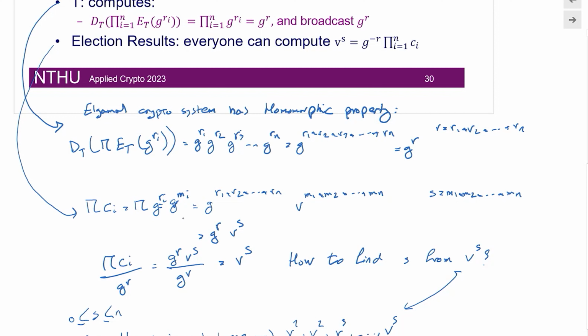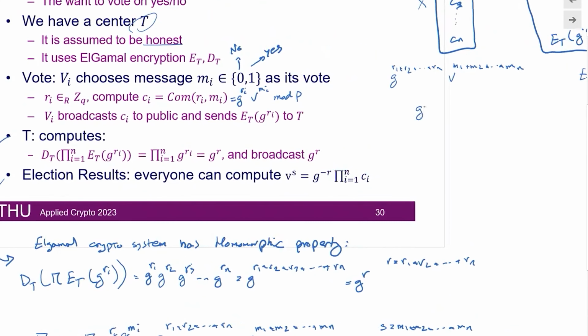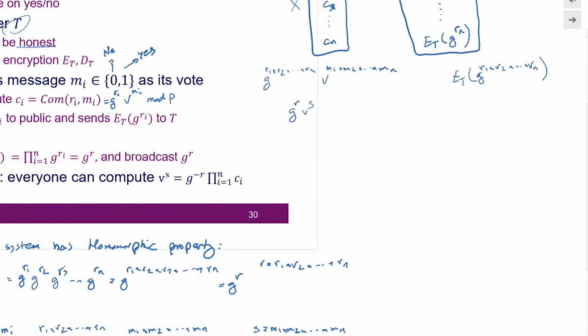As a result, after we multiply all these things to each other, we get G to the R, V to the S, and over here, after decrypting this thing, we get G to the R.